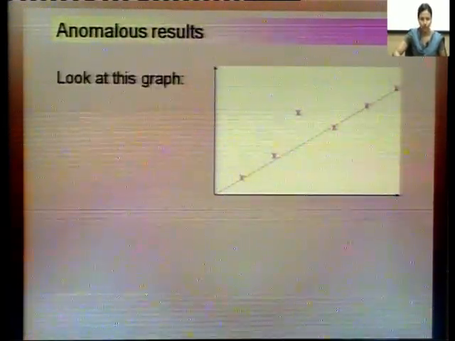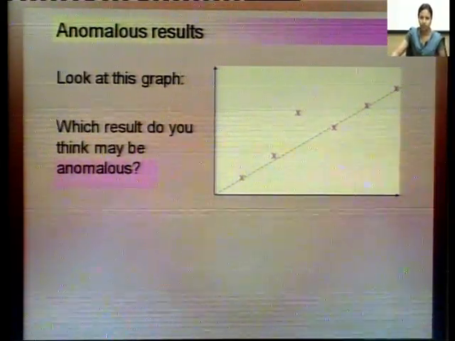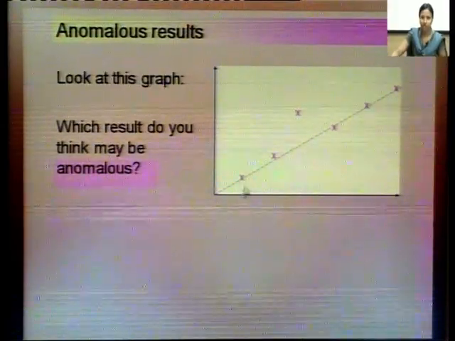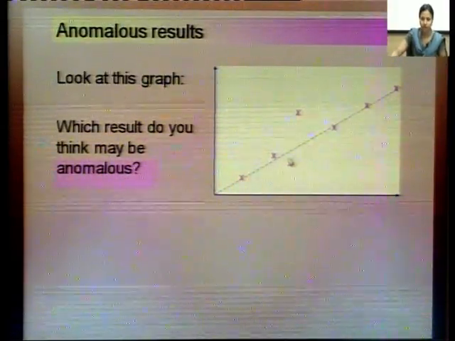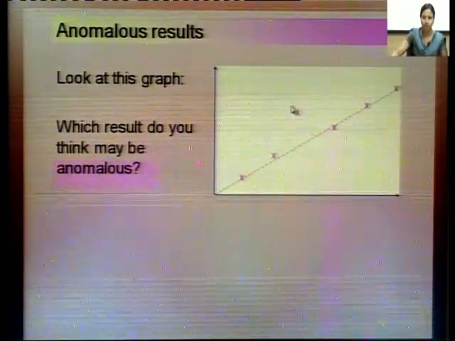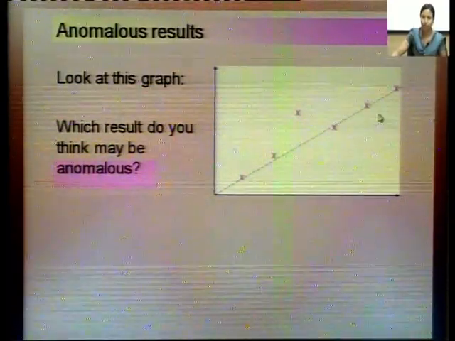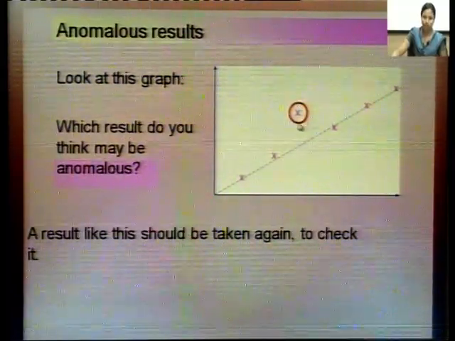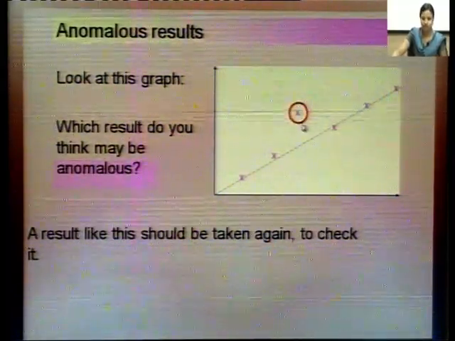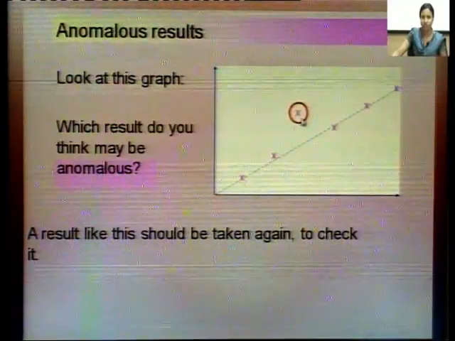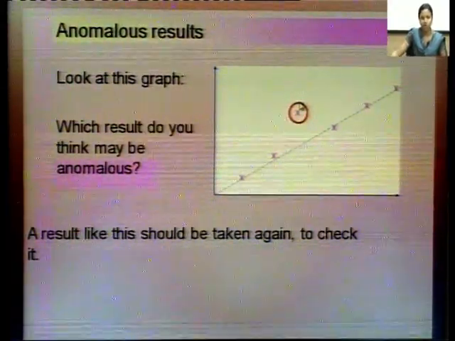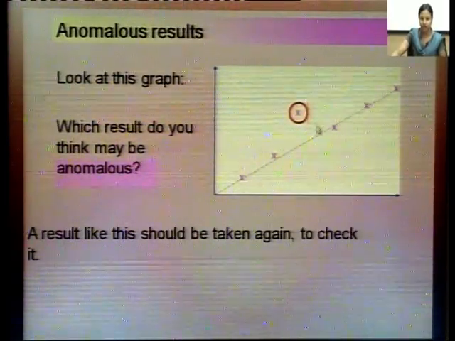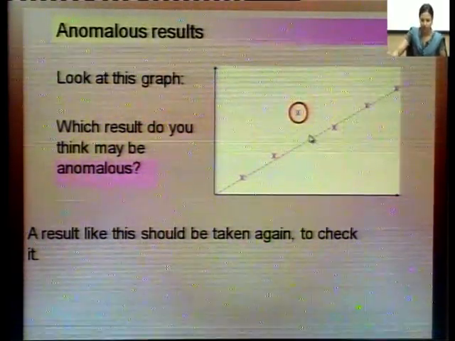Here all these data points are on the same line, but this one is different from the line. So this is our anomalous result. There is some mistake in taking this reading, so we have to recheck this point.